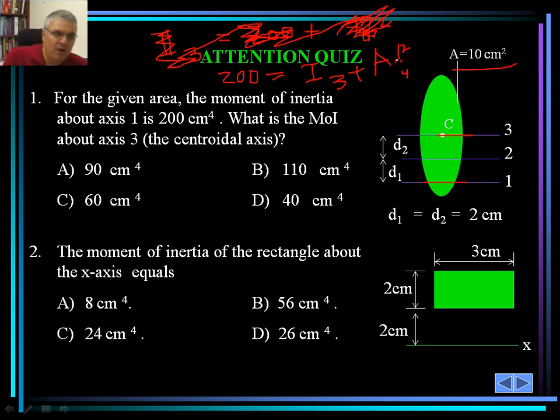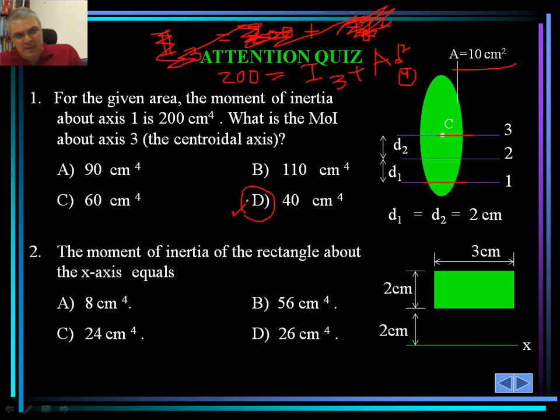So 16 times the area, that'd be 160. It will be 200 minus 160. So the correct answer here is really D. But this is the equation: 200 is I sub 3 plus A d square, and this d is 4. So this is the correct answer.